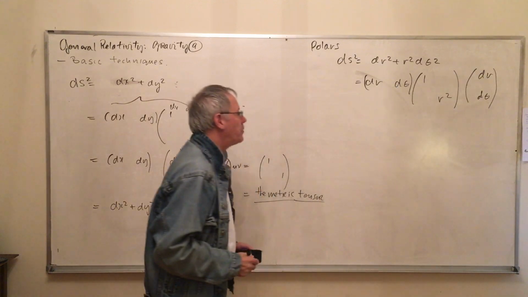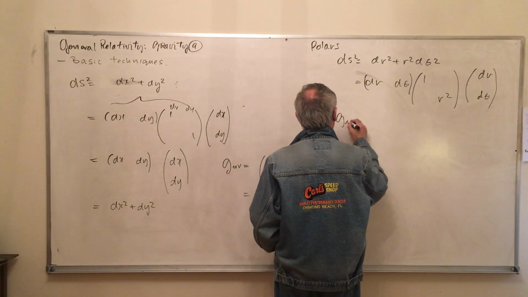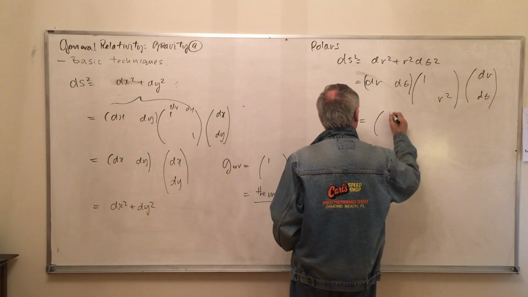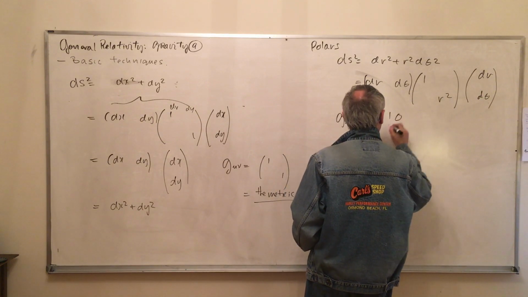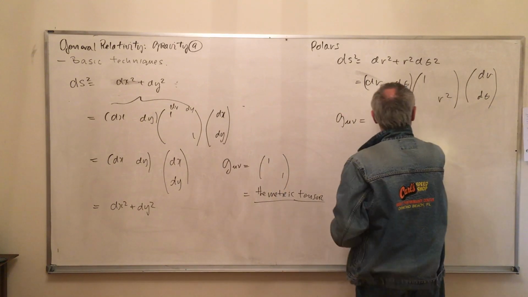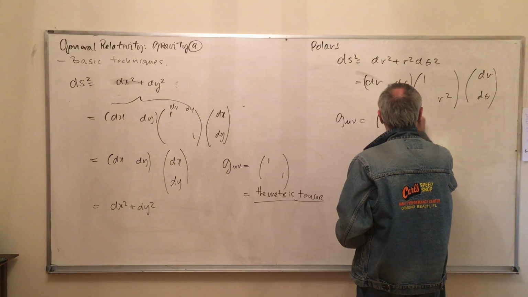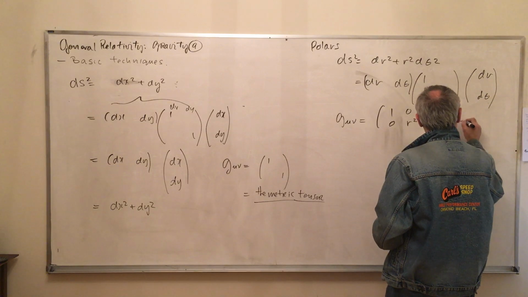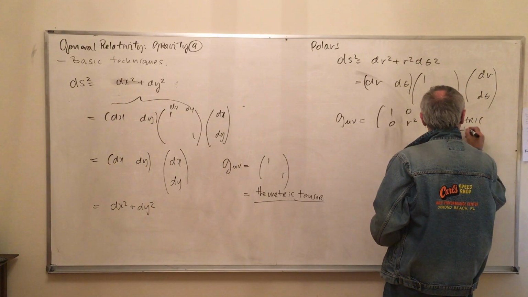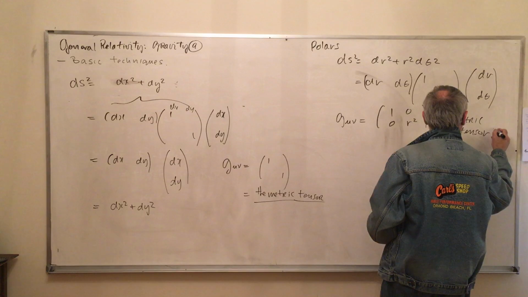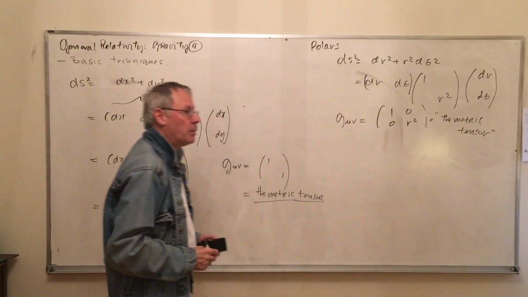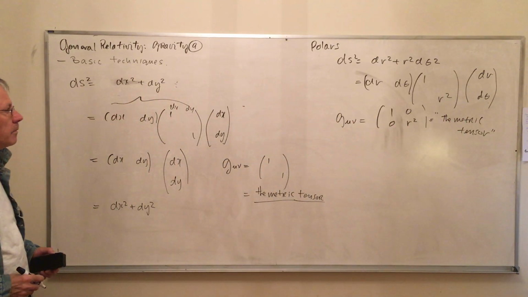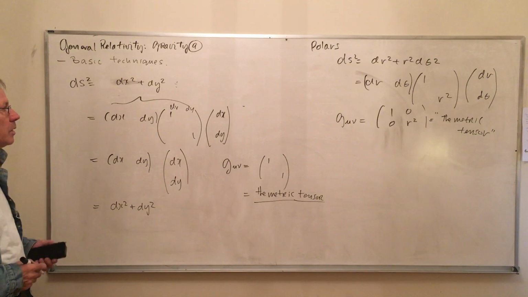So in this case here, the metric tensor, the metric tensor. We haven't said what a tensor is yet, we will. We're just working our way up to it slowly.